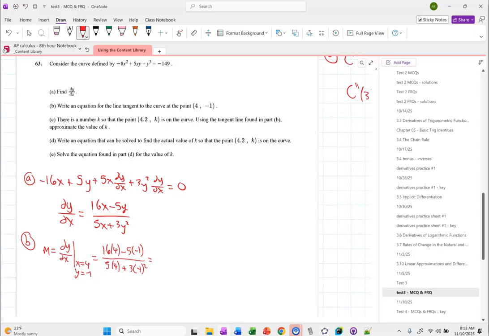Four times 16 is 64, plus 5 is 69. 5 times 4 is 20.